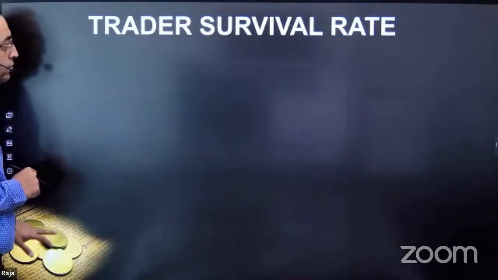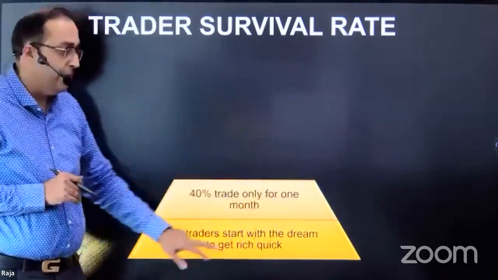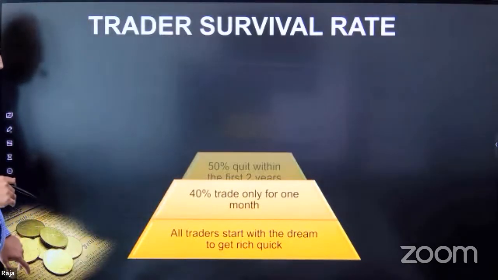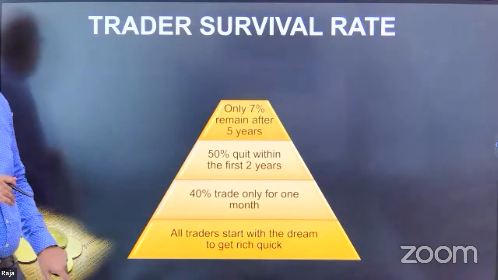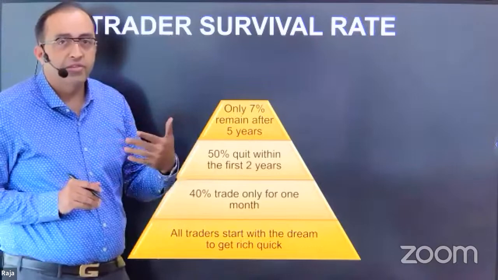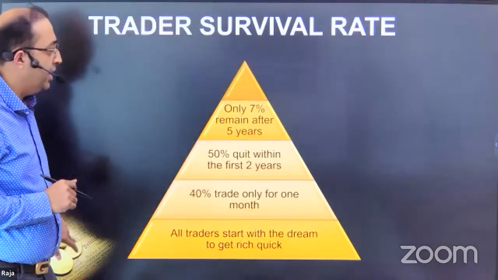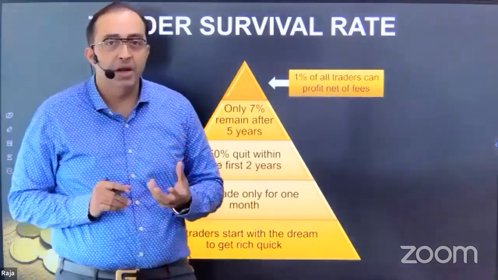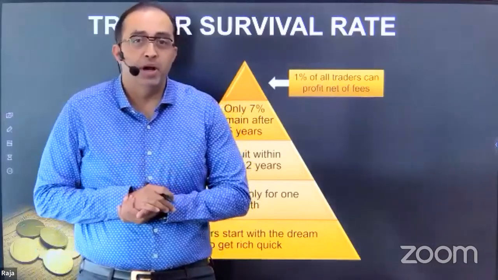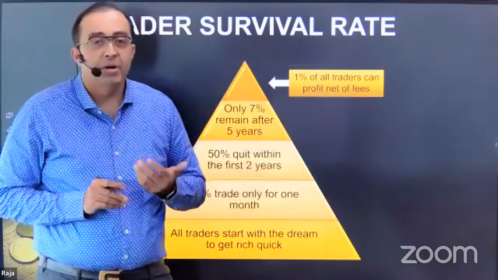So now when you focus on the wrong things, this is what happens. You all come thinking that you will make some quick money, then you last for a month, 50% quit in 2 years, and then only 7% remain within the next 5 years who are trading. So essentially, at the end of the day, only 1% of all the traders who are participating, this is even concluded by Nitin Kamath, are able to make a profit from trading.